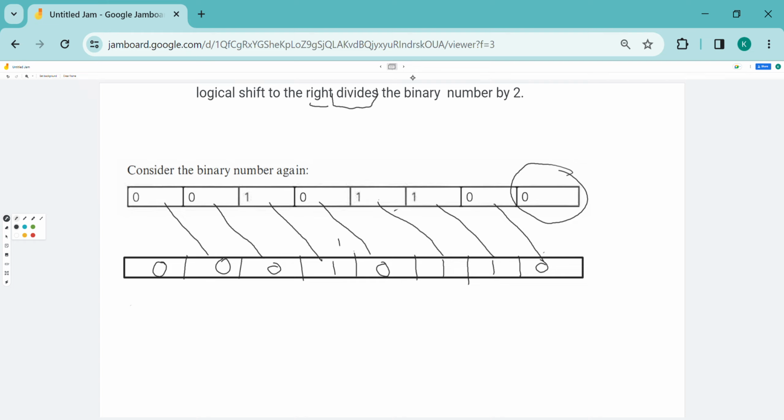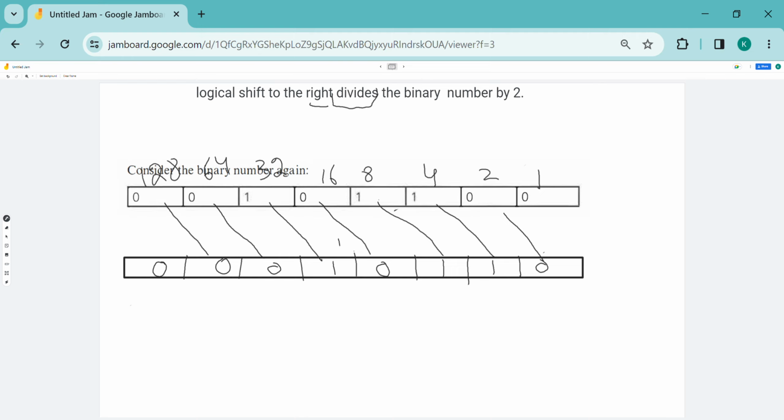Let's write the bit weights over it. I'm erasing this so that things will be clearer to us. So 1, 2, 4, 8, 16, 32, 64 and 128. Yes, dear students, this process is in fact converting a binary number into denary.